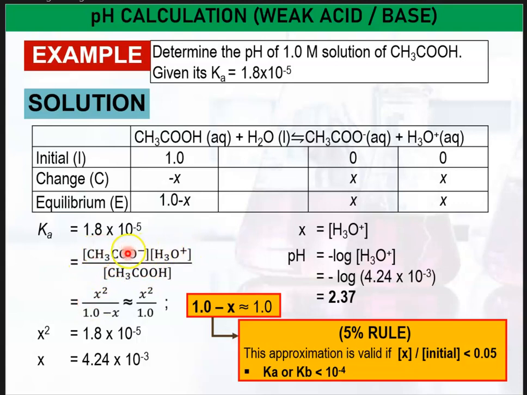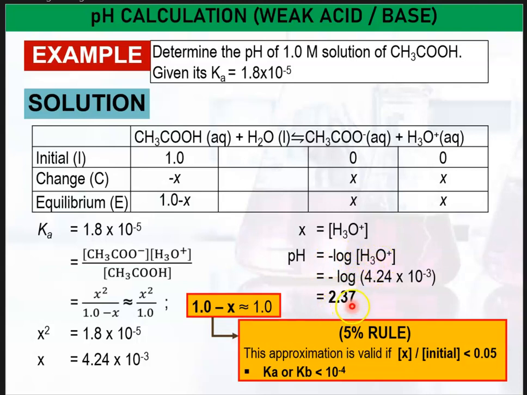So X squared that we get from here is equal to 1.8 times 10 to the power of negative 5, which is equal to the Ka. So you can find X: take the square root of this value and you will get X. That is X, or the H plus concentration, which is equal to 4.24 times 10 to the power negative 3. Once we have it, we can calculate the pH, because the pH is negative log H plus or H3O plus.